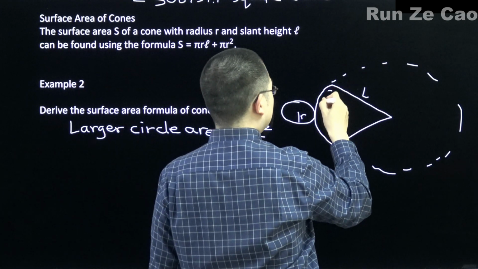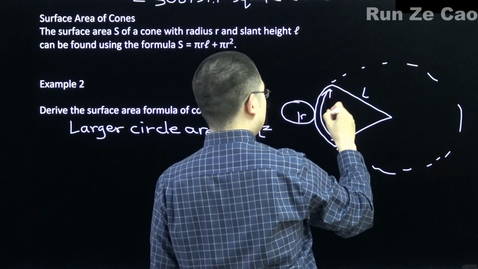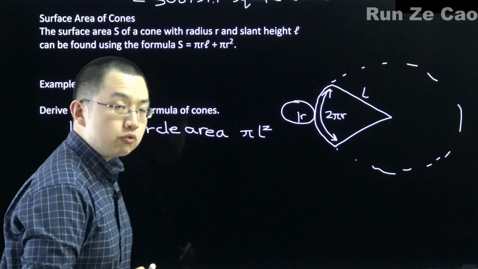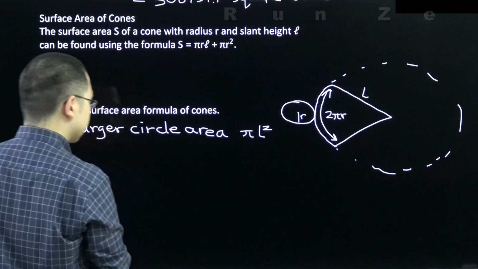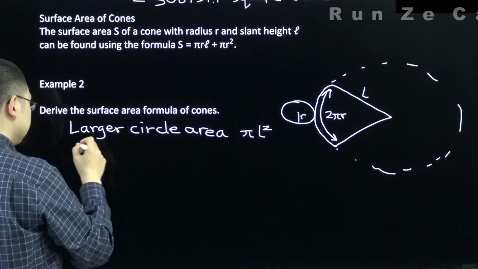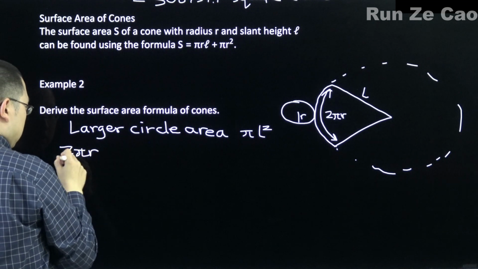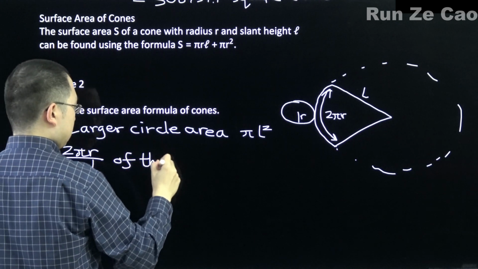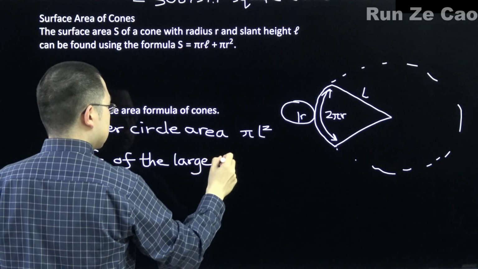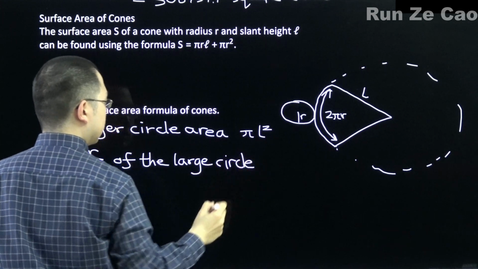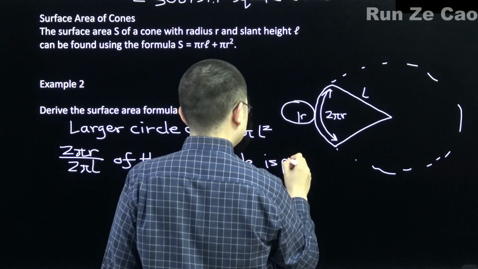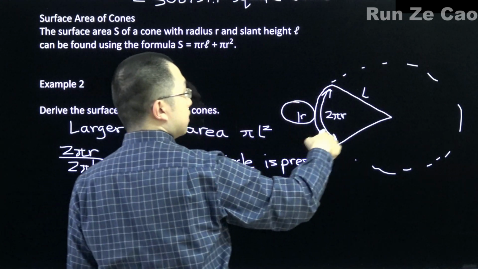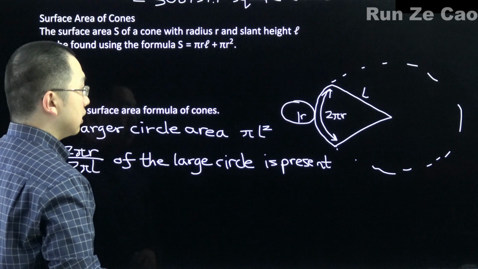Well, this arc length is 2 pi r, whereas this whole thing is 2 pi L. So 2 pi r over 2 pi L of the large circle is present.